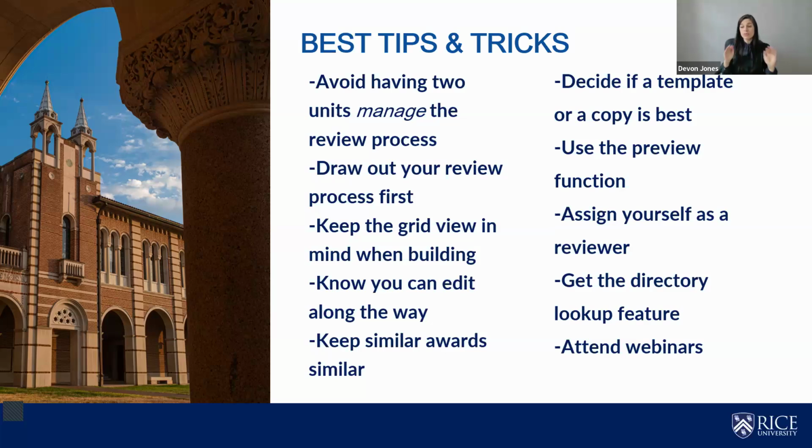So if you want two units to manage a review process, I highly recommend you pick one unit to completely build out the setup, or both units collaborate on the setup across the board to make sure that you know exactly what the settings are set to. There's such flexibility in the review process that it can go brilliantly, or it can go a little squirrely if you aren't aware of how things are being set up.